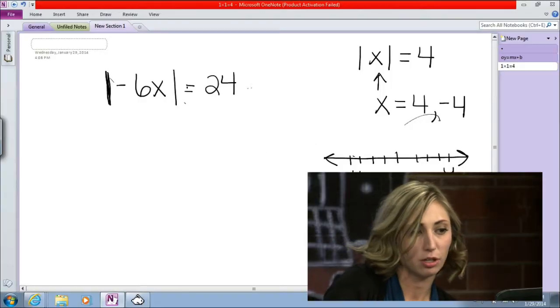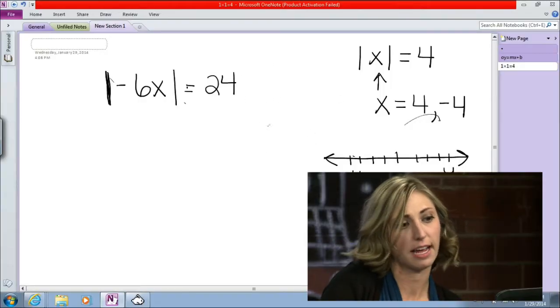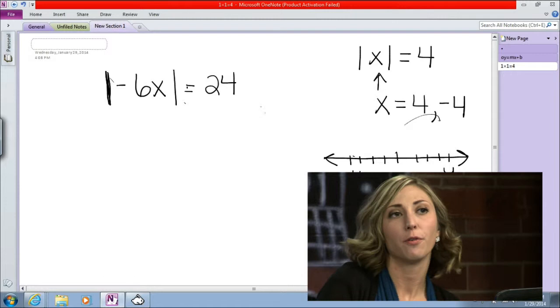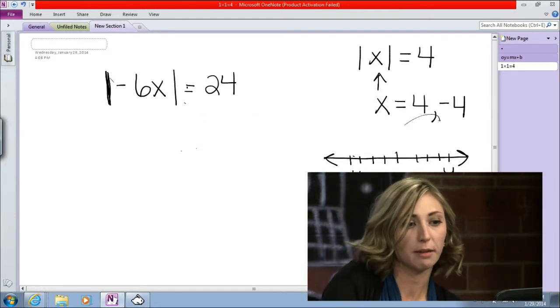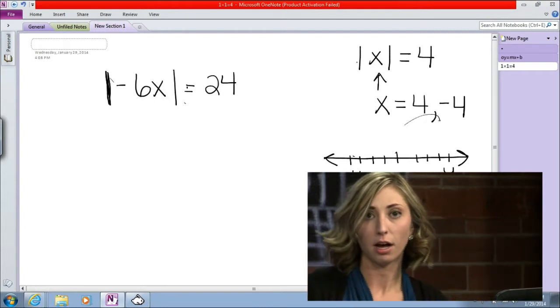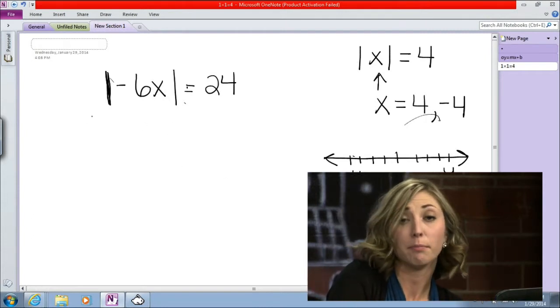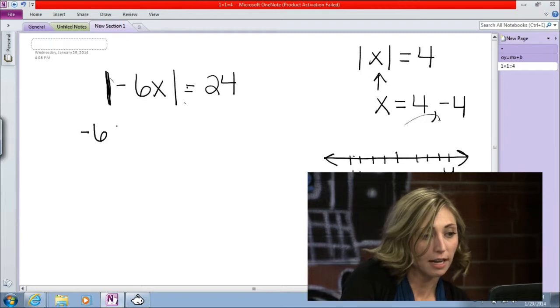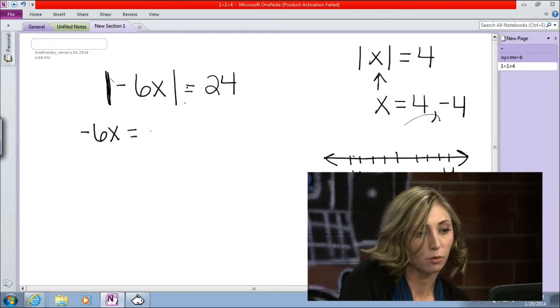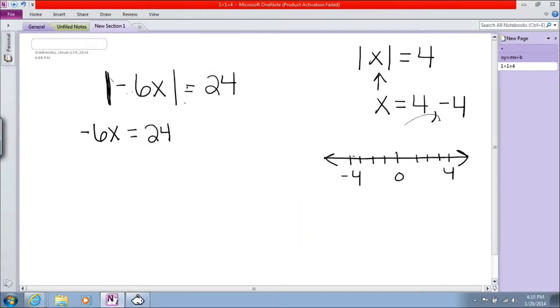So back to Luigi's question, the absolute value of -6x equals 24. Whenever we solve absolute value equations, we begin by writing 2 separate equations so that we can get both of our answers. The first equation I'll write is -6x equals 24, just how you see it without those absolute value bars.